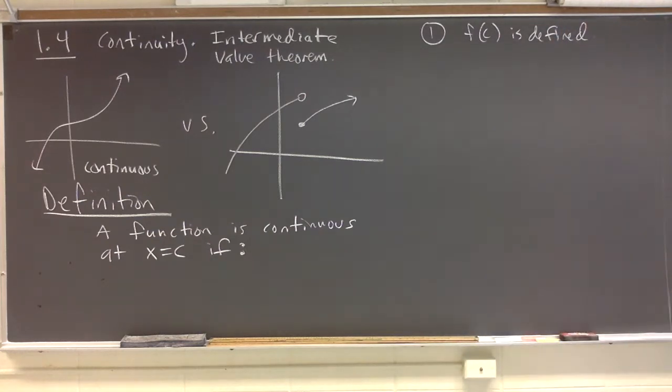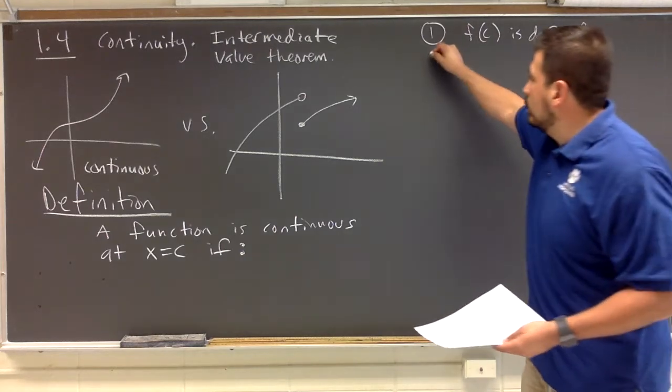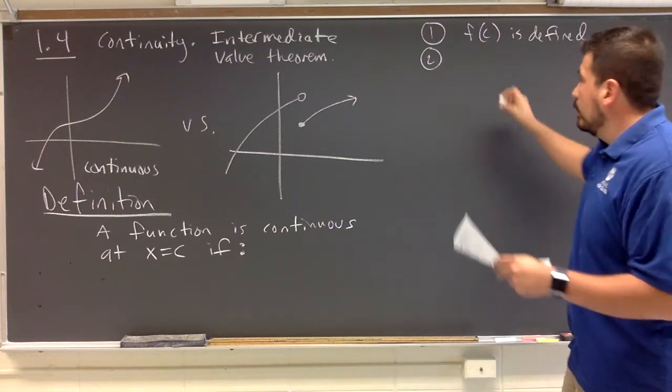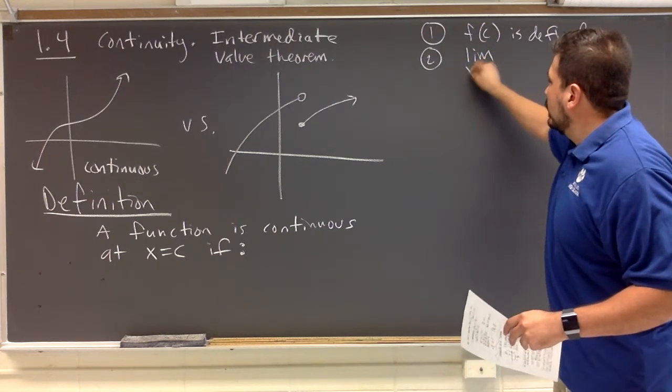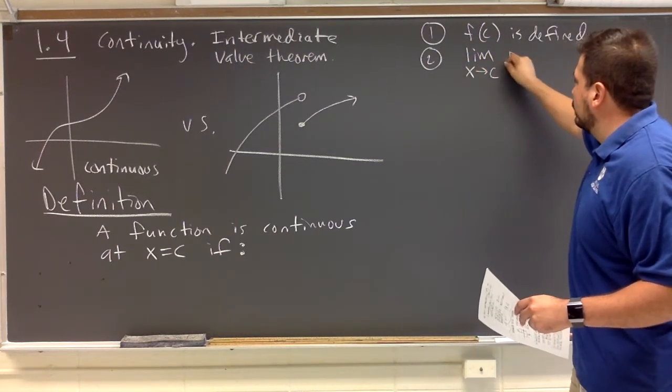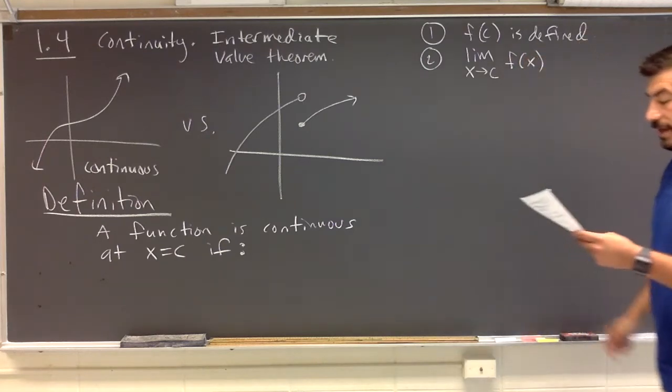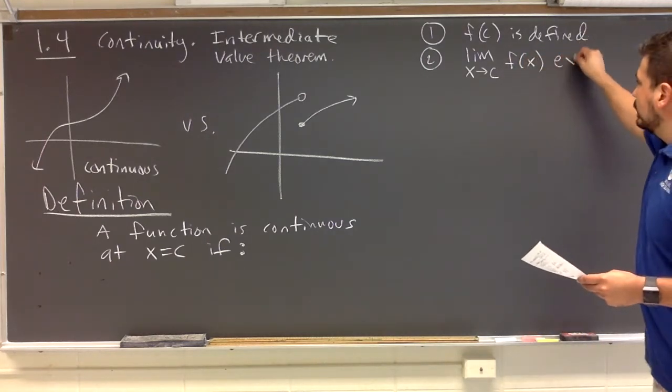In other words, if you just plug in the c value, your function gives you an answer. Number two, the limit as x approaches c of f of x has to exist.